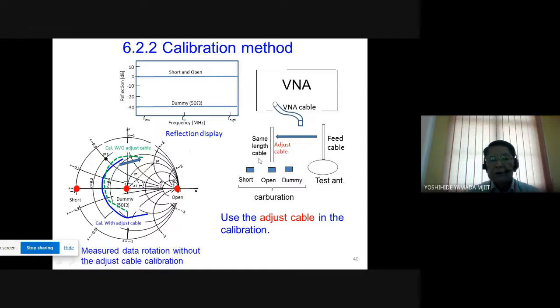Without this adjust cable, the measurement locus becomes rotated by the length of this feed cable. So in the case of calibration, we must use an adjust cable the same length as the feed cable.